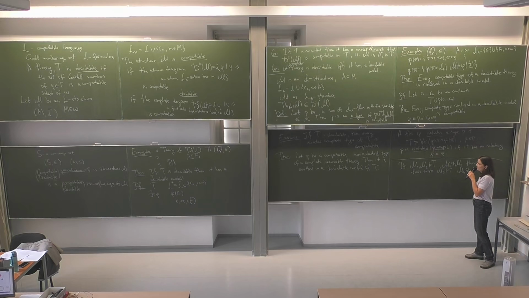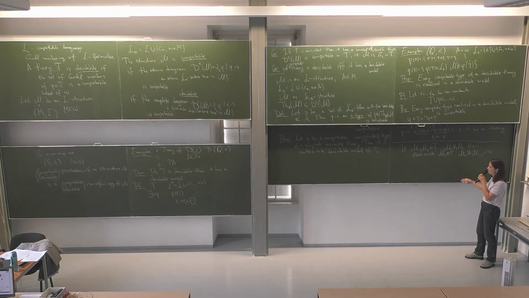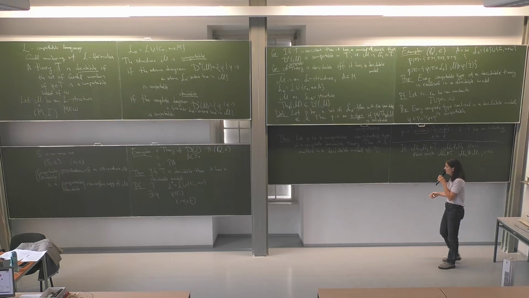Okay, so each theory that has at least two non-isomorphic models has actually at least three non-isomorphic models.